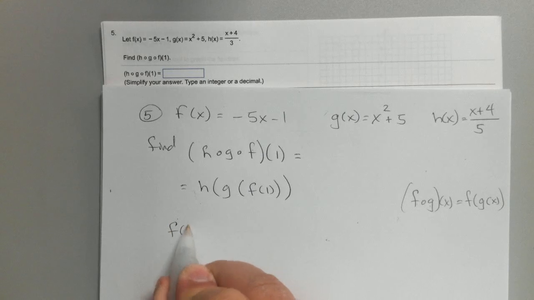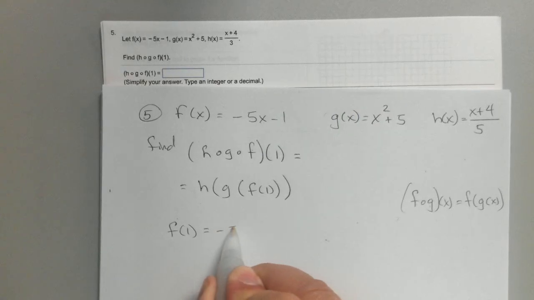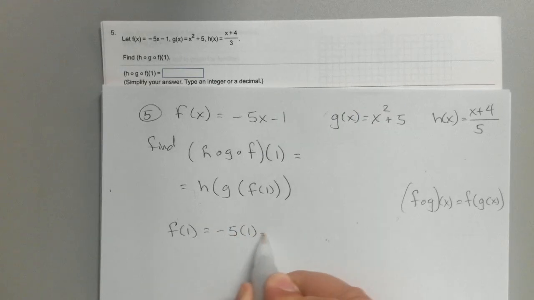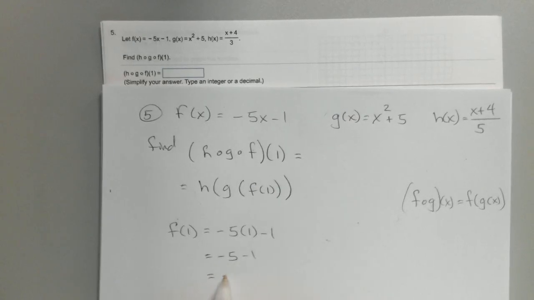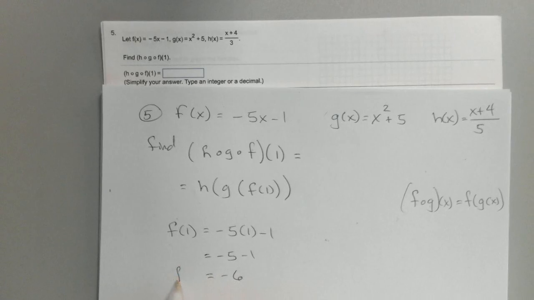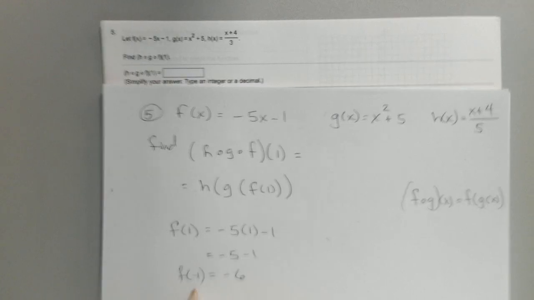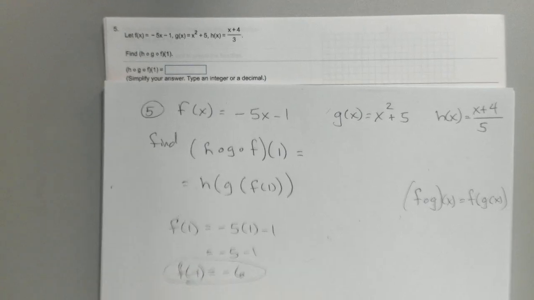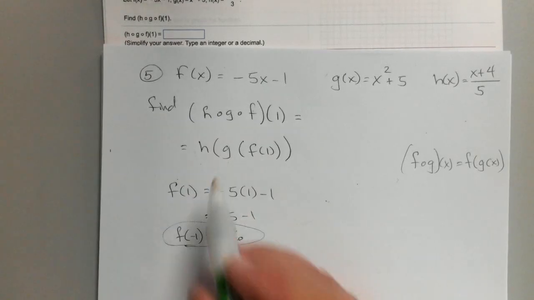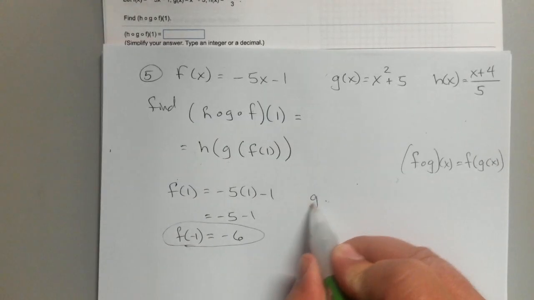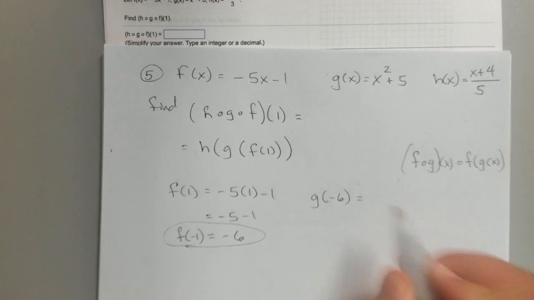We find f of 1 first, and then we do what with it? What do we do with this value? Oh, we just put it in g. Now it goes inside g. So g gets negative 6.